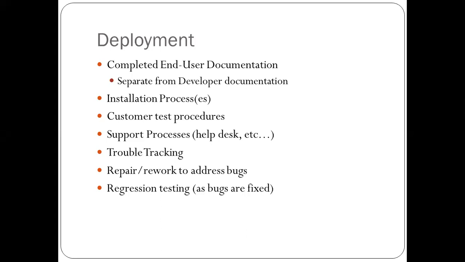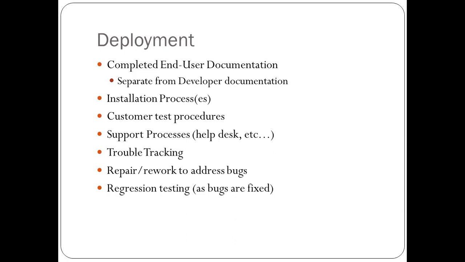And deployment here also means the installation process or processes. So it must also contain the installation process. We must be aware how the organization will install that particular type of software.